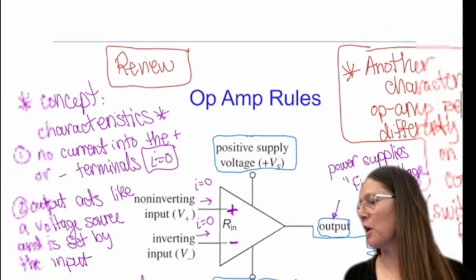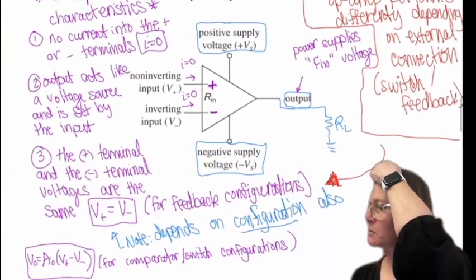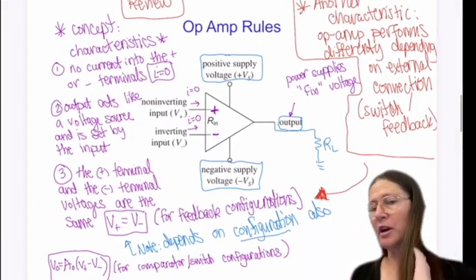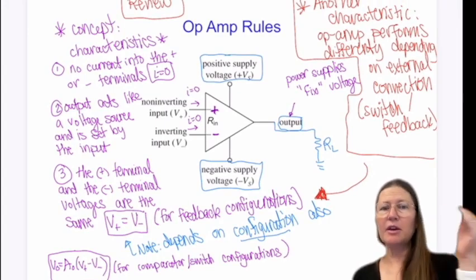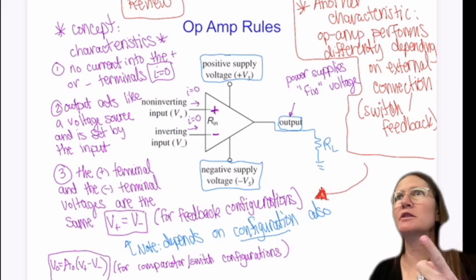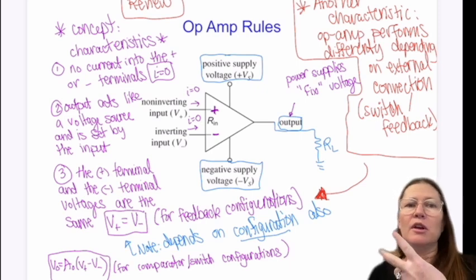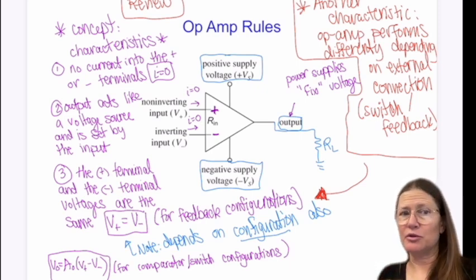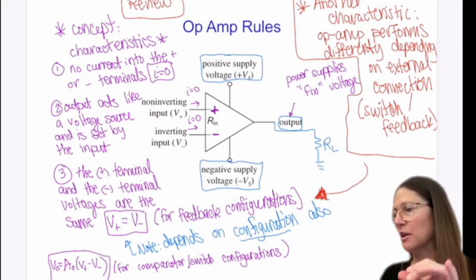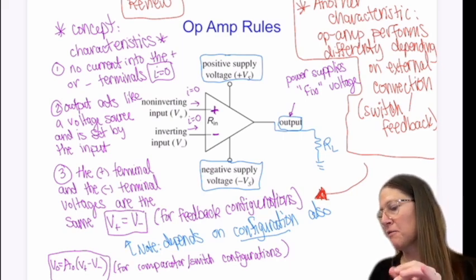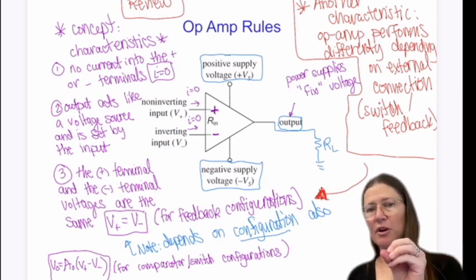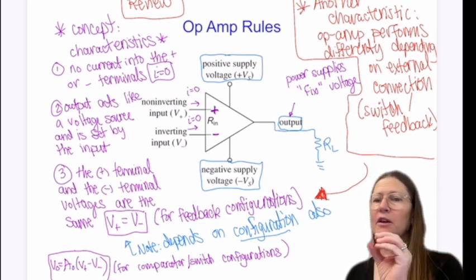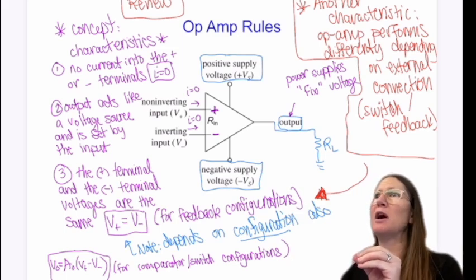Okay, so the op-amp rules. Input terminals have 0 current into them. The output will act like a voltage source, and it's set by the input. If you have a switch or comparator configuration, it's going to act differently than if you have a feedback configuration.